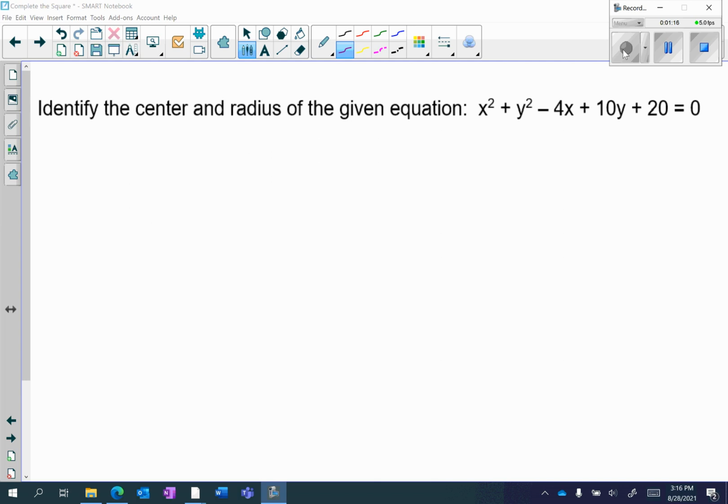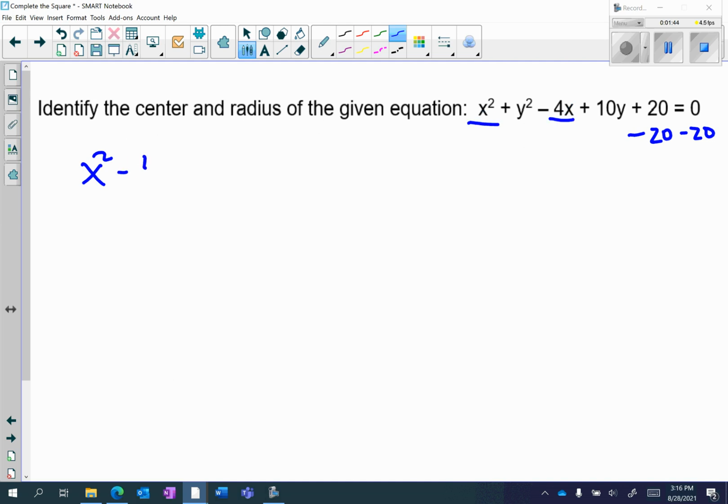Identify the center and radius of the given equation, x squared plus y squared minus 4x plus 10y plus 20 is equal to 0. So the first thing I'm going to do is subtract 20 and bring it to the right-hand side. So I'm going to have x squared, and then I'm going to put the x's together.